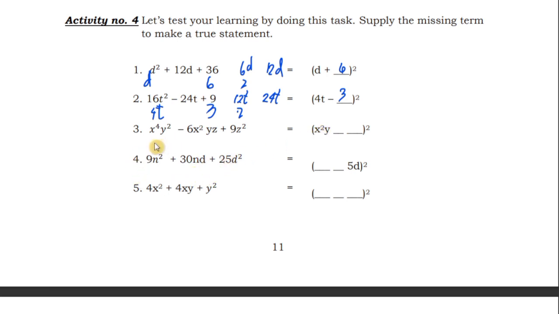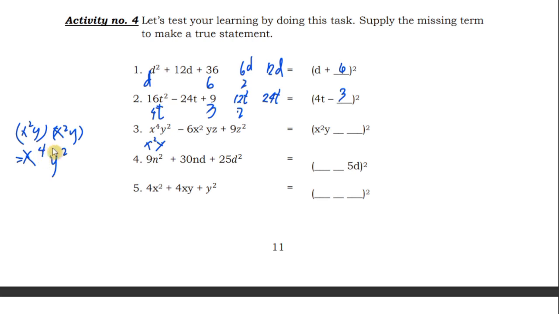x to the 4 y squared is a perfect square of x squared y, because x squared y times x squared y is equal to x to the 4 times y squared.